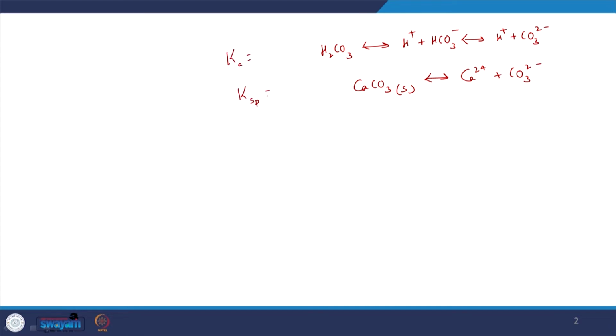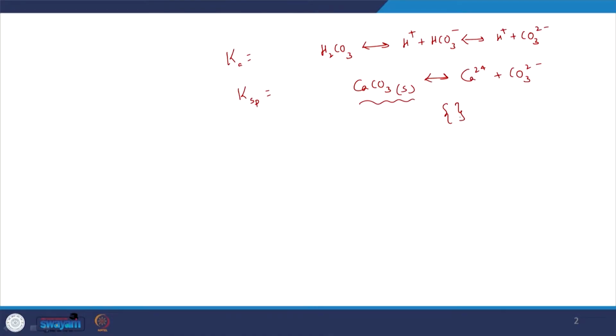For example, we saw that the activity of the relevant solid is 1, assuming that it is a pure solid, and that is why we do not use that in the equilibrium constant. And in this class we are also going to use concentration instead of activity, assuming that the ionic strength is relatively low. So this is what we covered in the previous session.